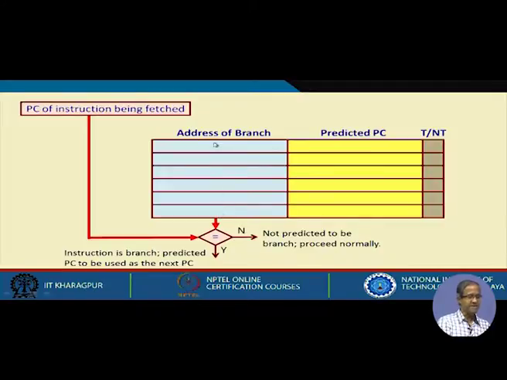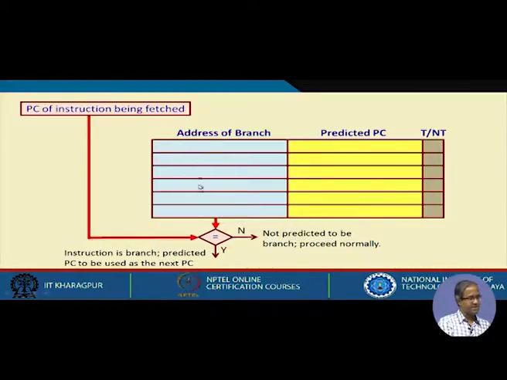If we see that it is already present, what does it mean? It means that the instruction is a branch instruction, because only the addresses of the branch instructions will be stored in this table. So, if the PC is matching here, you will definitely know that this is a branch instruction, and then the corresponding predicted PC value, you will use as your next PC to fetch the instruction.